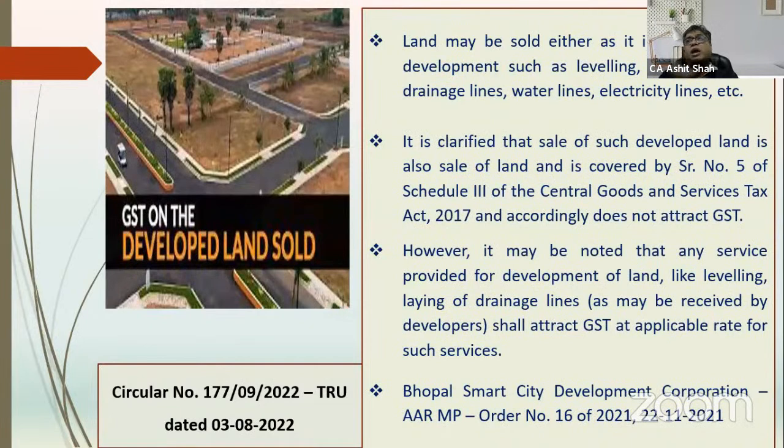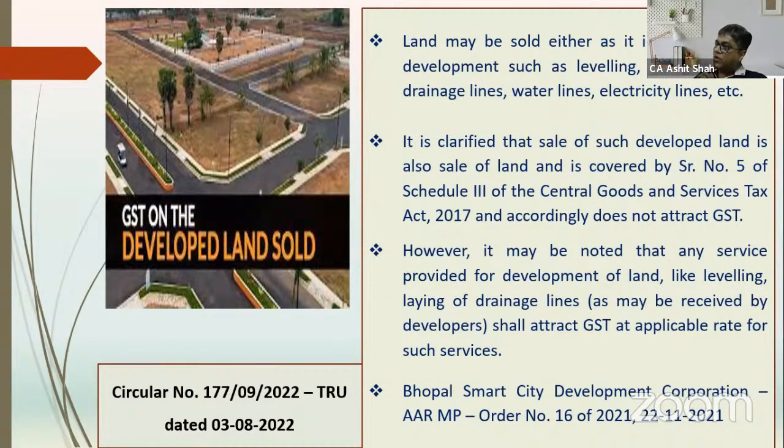Developed land means a bare land is there, and then that land is developed in such a way that leveling, re-leveling, laying down of drainage lines, water lines, and electricity lines are done and everything is created ready, so that the buyer of that land would only have to do the construction activity, and once the construction work gets completed, it can be sold. So it is just like plug and play. If I go to that land, everything is ready. I have to just construct, and my whole area is developed.